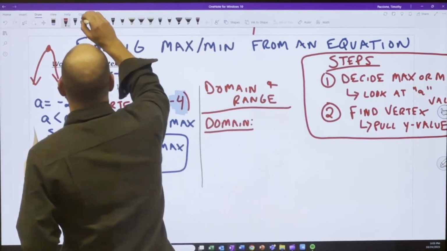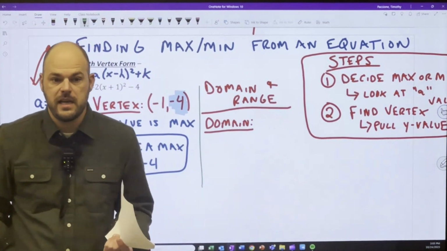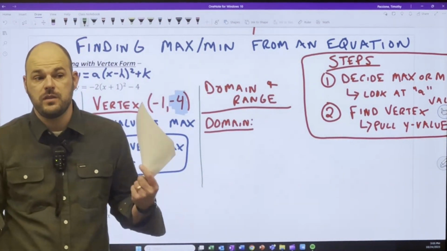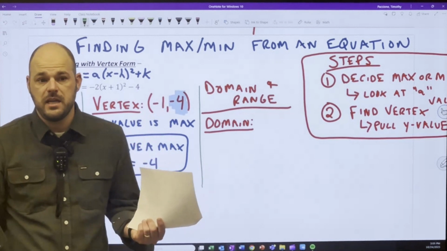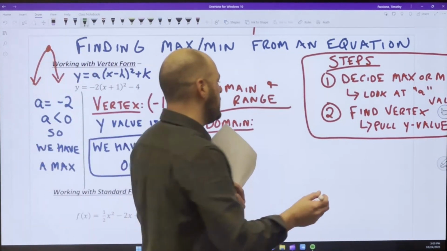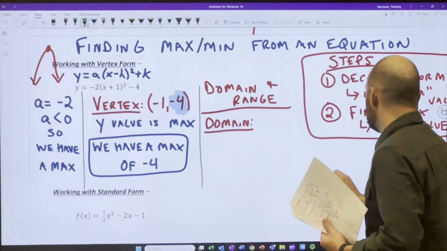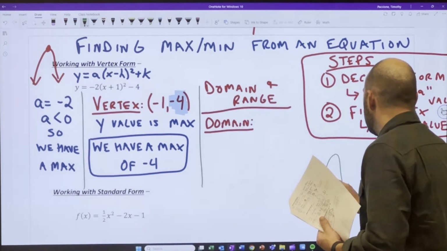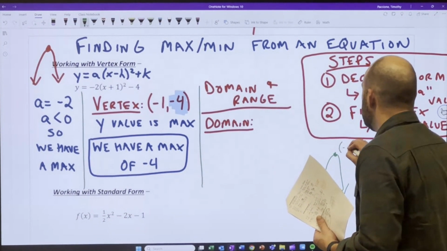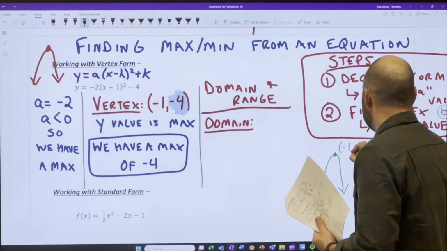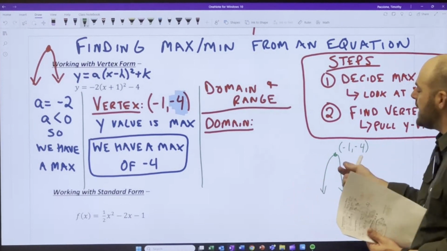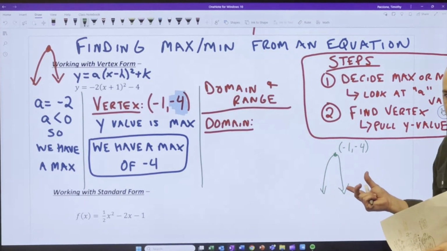Well, why is that? Remember when we sketched at the beginning of this class? I recommend if this part confuses you, you sketch every time, right? And you always have that power. Well, this thing is going to look like this, and it's going to have a vertex at -1, -4. That visual is going to help me with my domain and range.